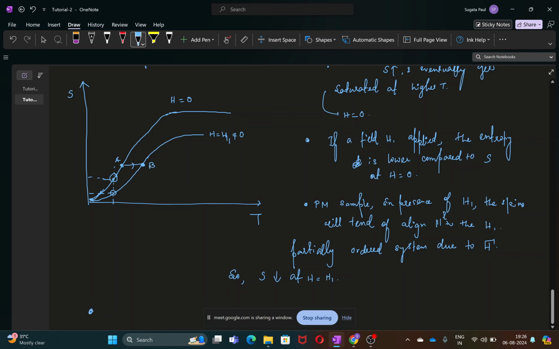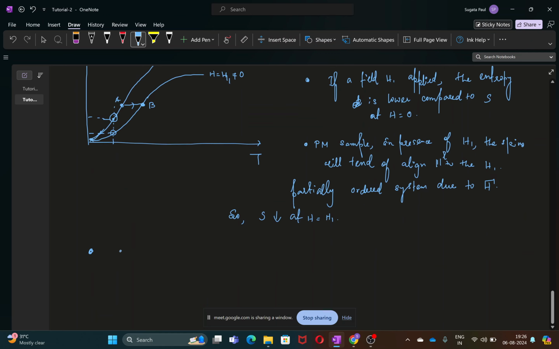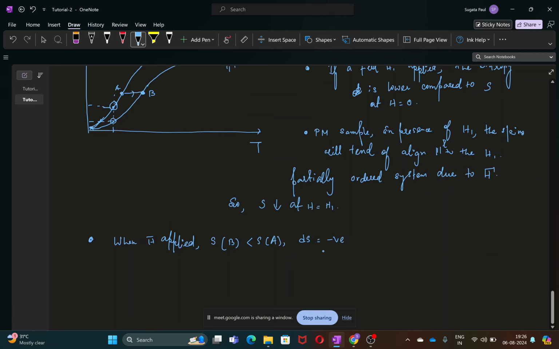In this process, its entropy is decreasing, right? So when the field is applied, entropy at B point is less than entropy at A point. So entropy is decreasing. That means your dS, the change in entropy between initial and final, is negative, because final entropy is lower than initial entropy.